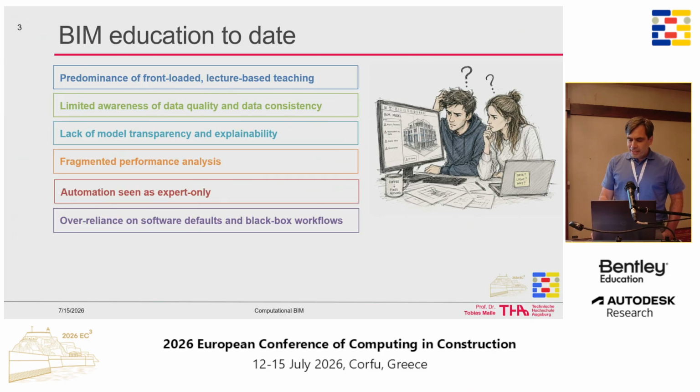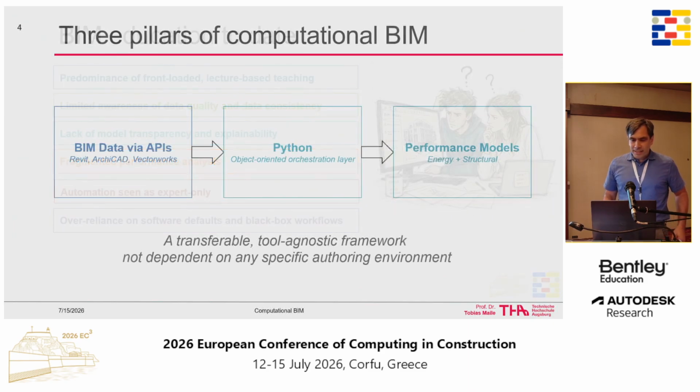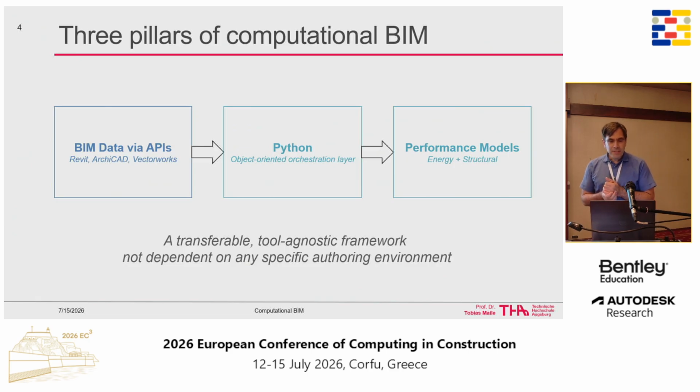And so the idea that we are trying to tackle this with is computational BIM, basically getting at the data in the BIM models via APIs, specifically Python APIs. Pretty much all BIM authoring tools have Python APIs now, so we can go into those authoring tools, extract the data that we are interested in, and then do our performance analysis.